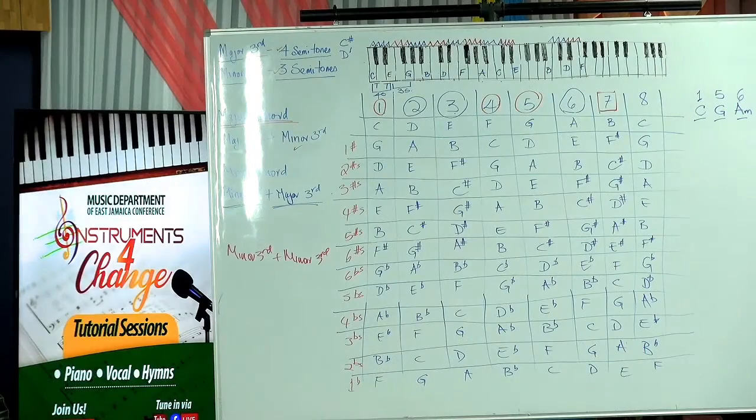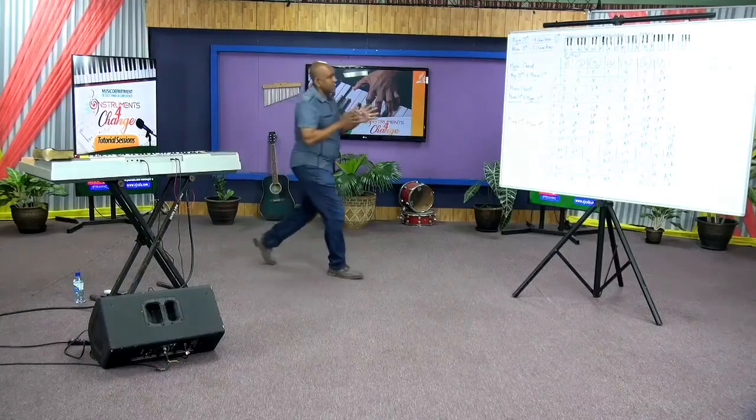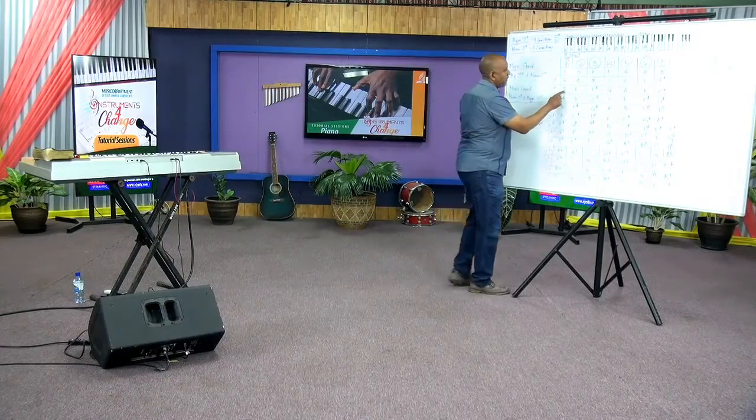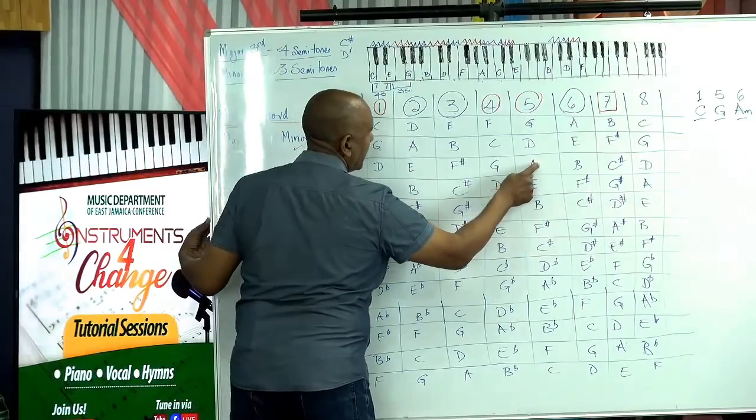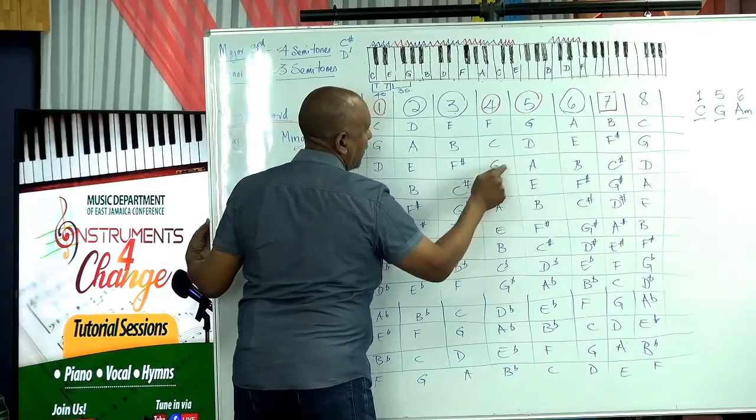Now, when you have mastered it in the key of G, you go to your next one. Look at the chart. And the chart will tell you our next one is C, then you have G, then the next key is D. And when you get to D, the same thing happens. 1, 5, 6, 4.